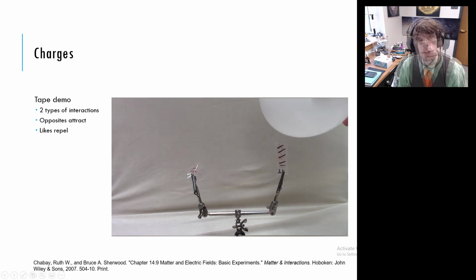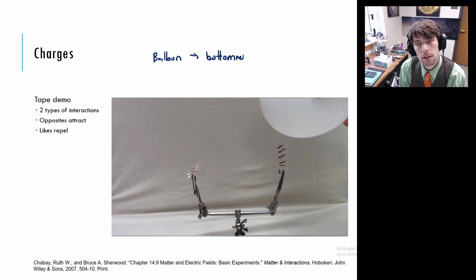So based on our chart, we can now say that the balloon must have this bottomness, if you will. It has the same characteristic as the bottom pieces of tape.